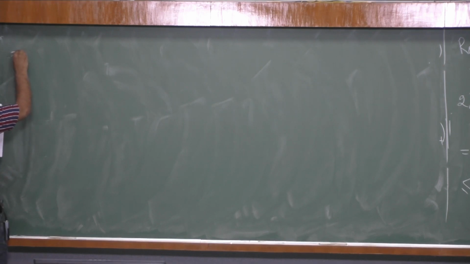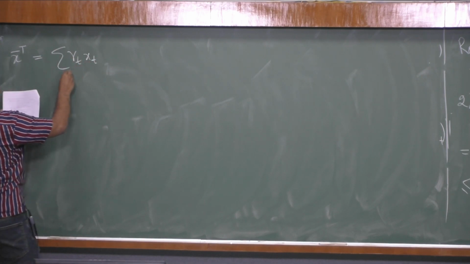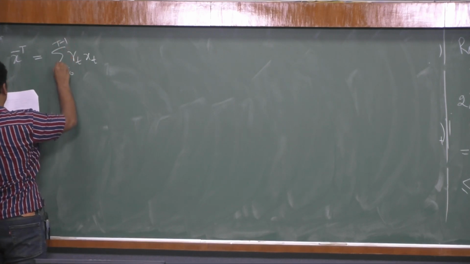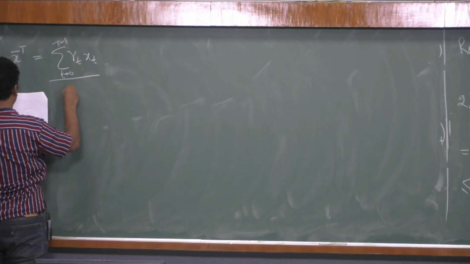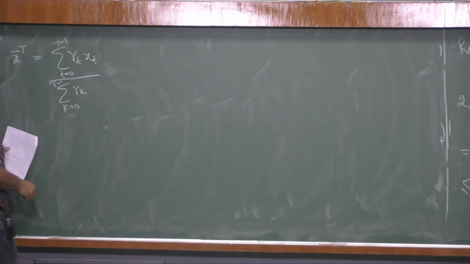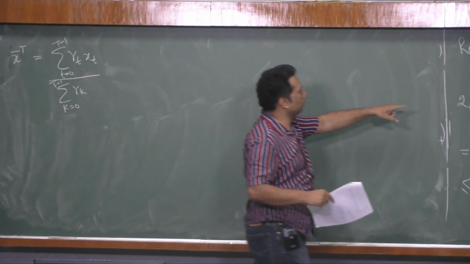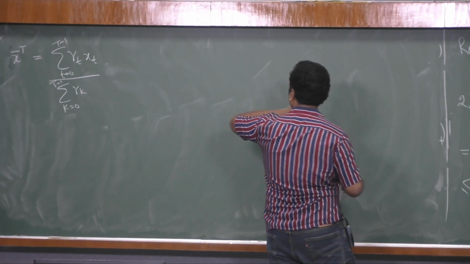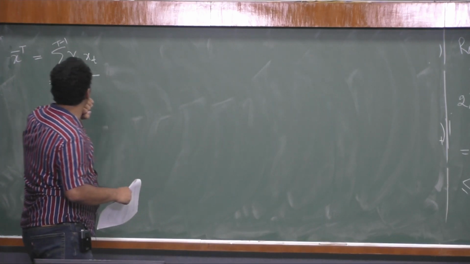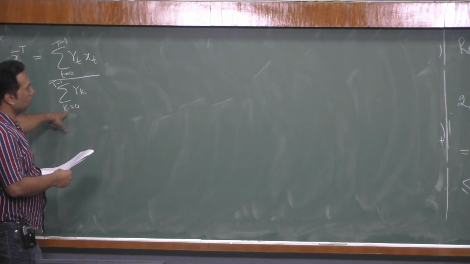So we will define this x bar t, the average of the iterates, which is given by the sum of gamma t x t, t equals 0 to t minus 1, divided by the sum of gamma k, k equals 0 to t minus 1. Okay, so we define this x bar t, and we will divide throughout by this quantity basically.